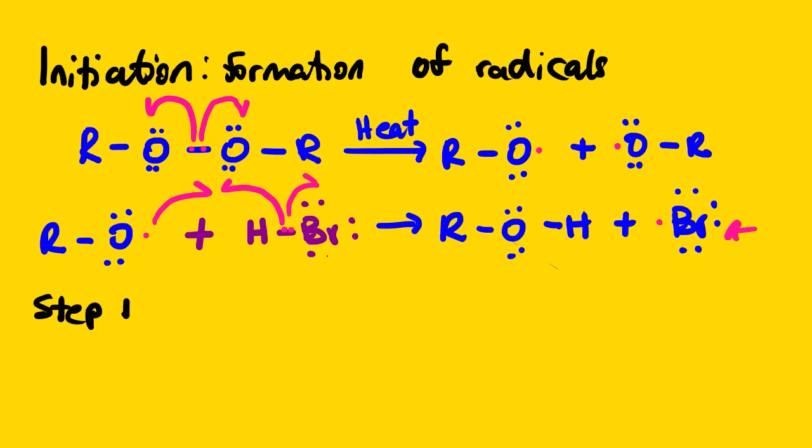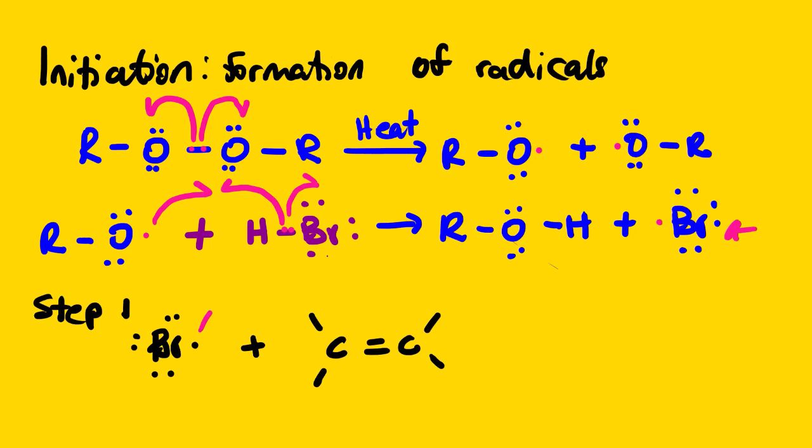Step 1. A bromine radical adds to the double bond to generate an alkyl radical on the more substituted carbon atom. This is also a propagation. So we have that Br radical which adds to the double bond.